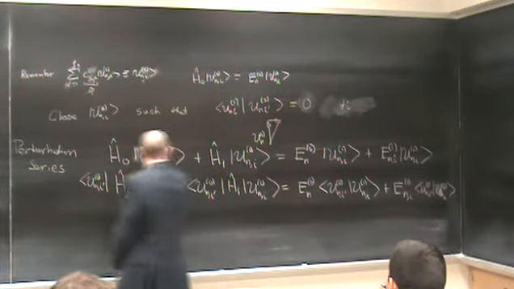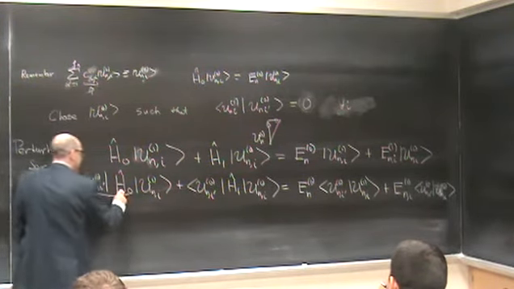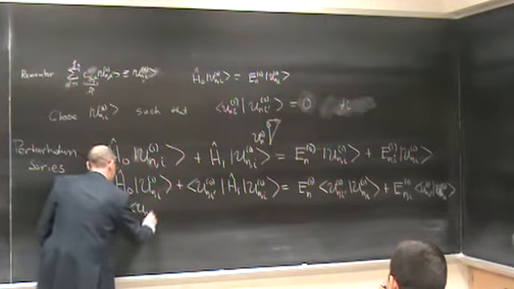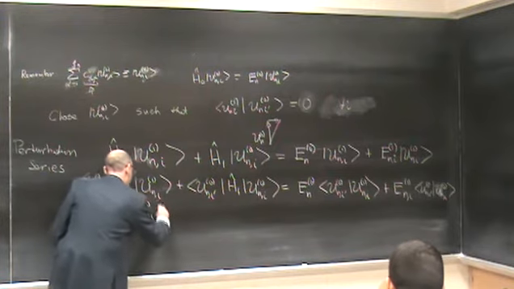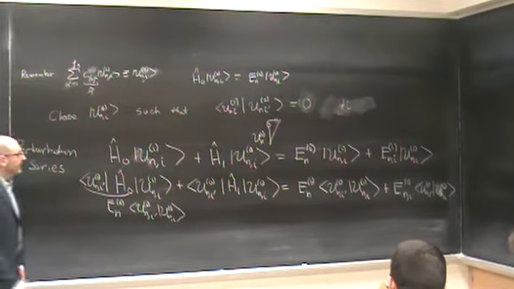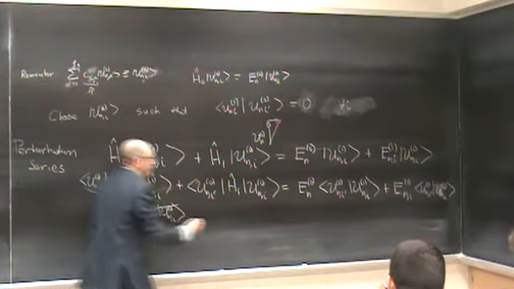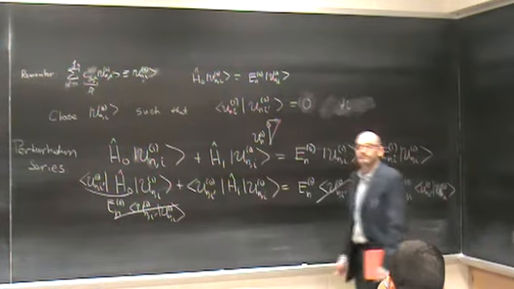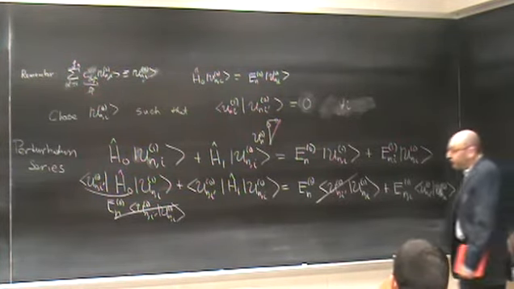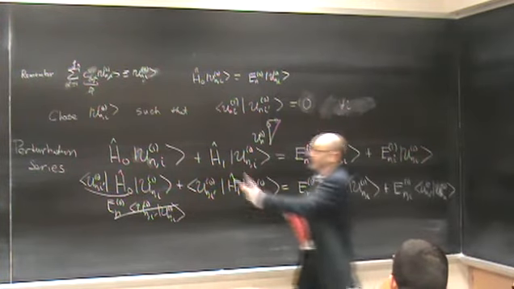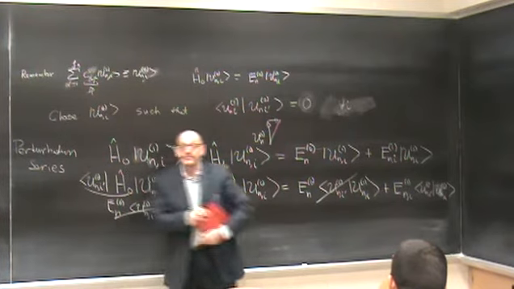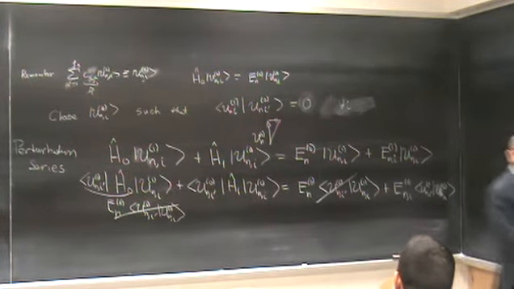Well, this is an eigenvector of this with eigenvalue EN0, right? This cancels this. Before, we had taken the inner product with a different m, or an n prime, associated with a different energy.